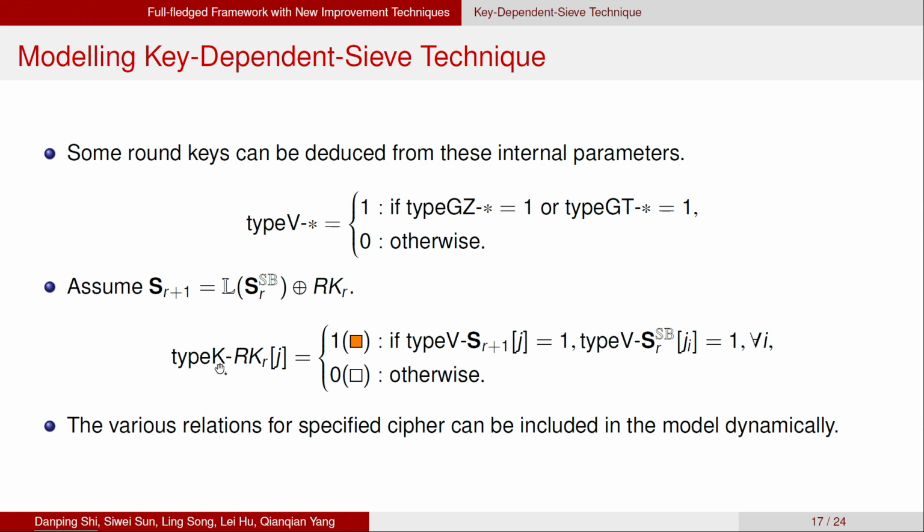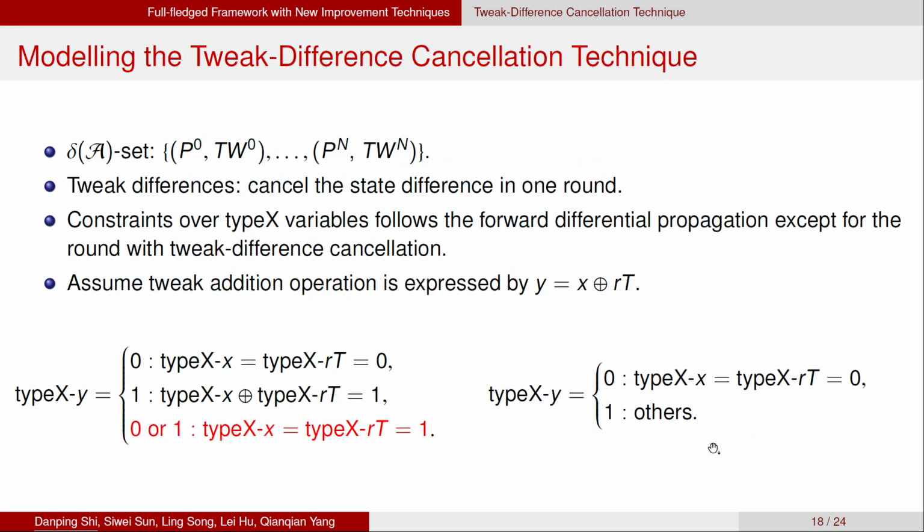And we introduce type K variables to describe the deduced round keys. Type K variables are constrained by type V variables according to the key addition operation. Then the relations of the round keys for a specified cipher can be included in the model dynamically.